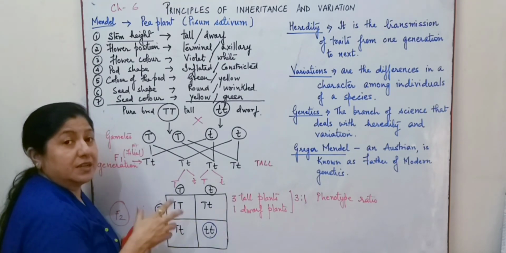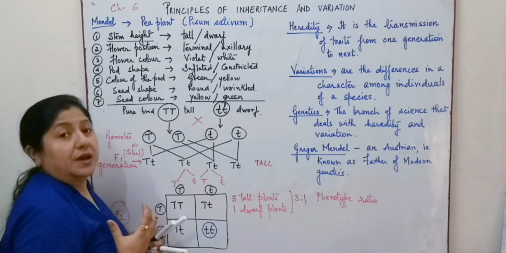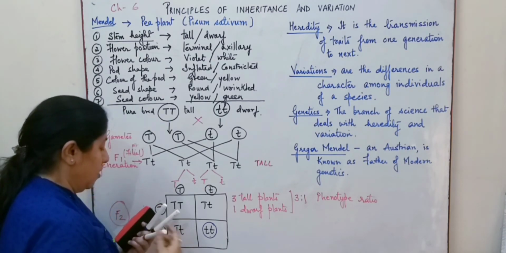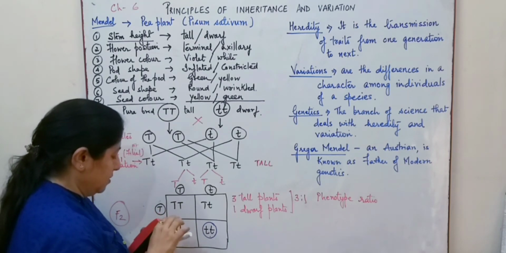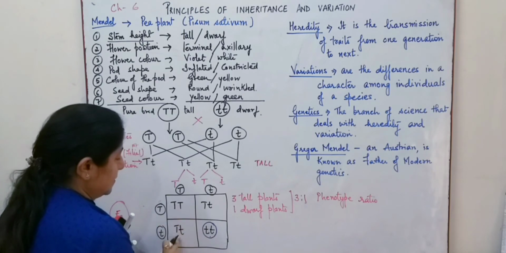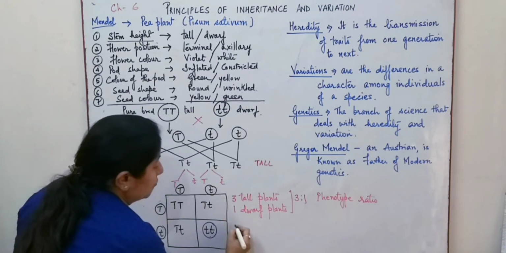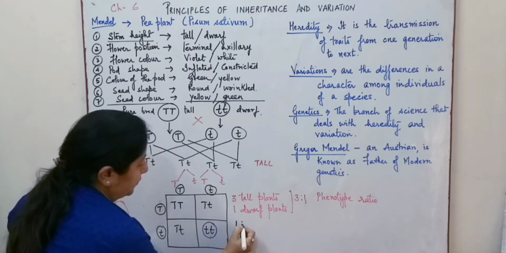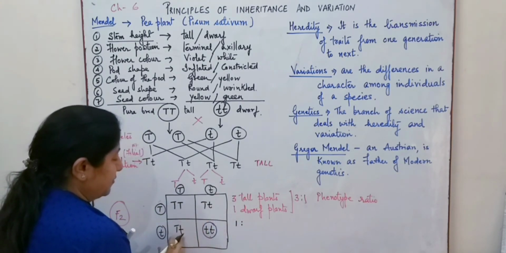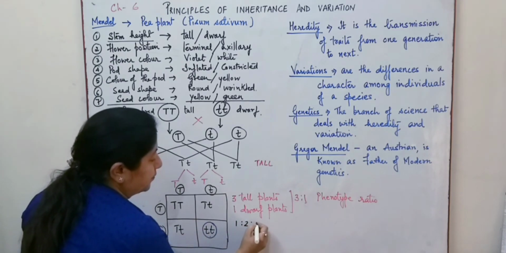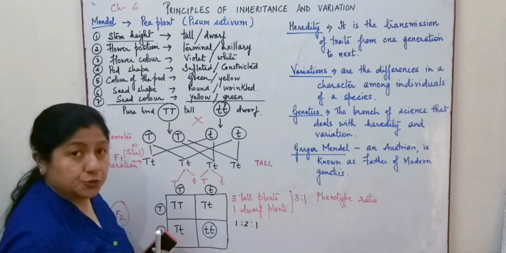But he was still not very sure what the genetic constitution of it was. On further studying, he found that among the tall plants, there was 1 pure tall, 2 heterozygous tall, and 1 pure dwarf.